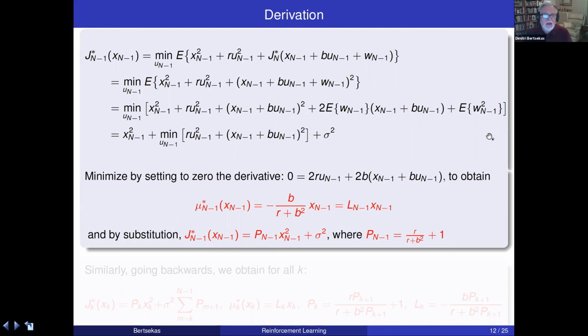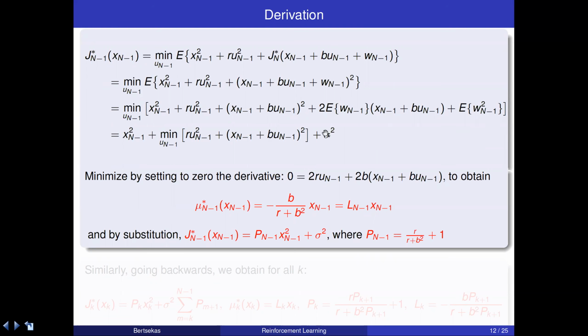And the expected value of a random variable is what we mean in probability as the expected value of a random variable. You have a random variable with a given distribution. The expected value is in that sense, in the probabilistic sense.